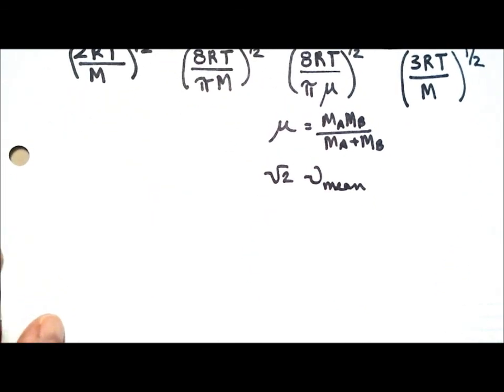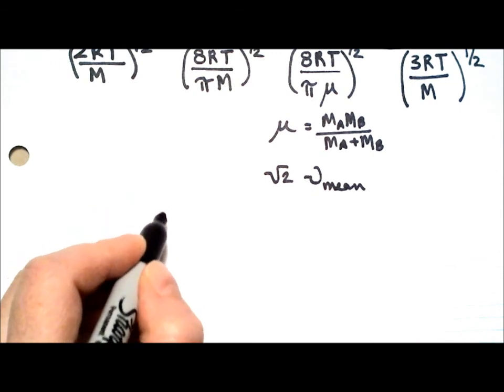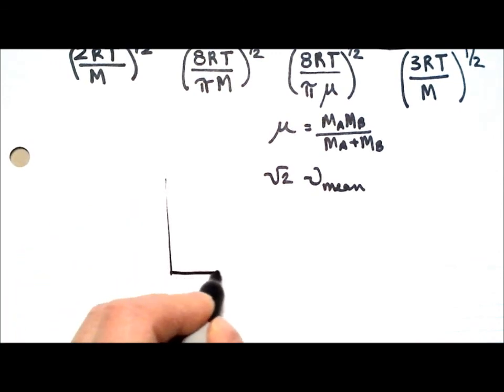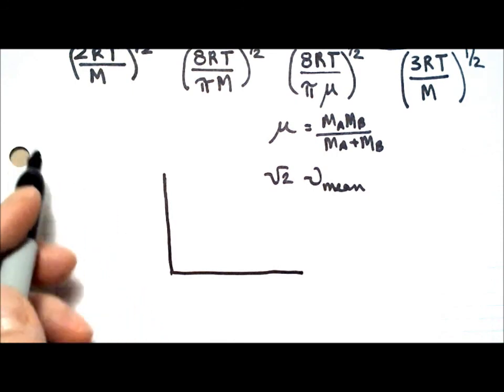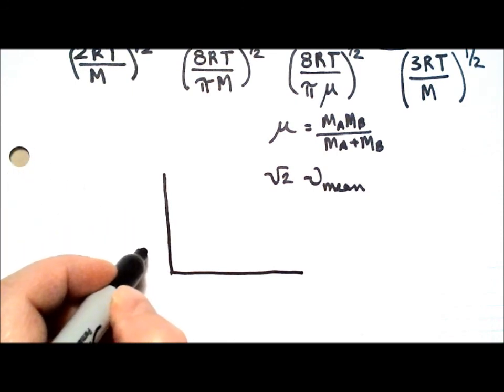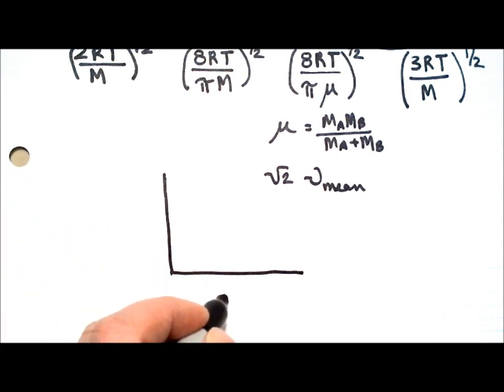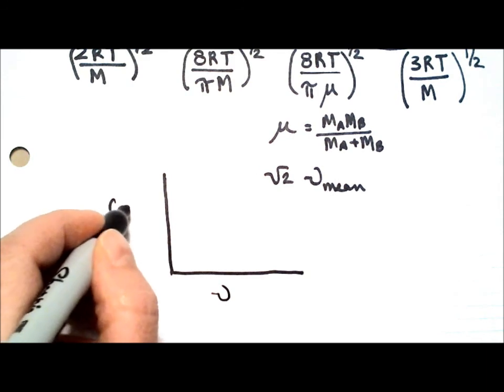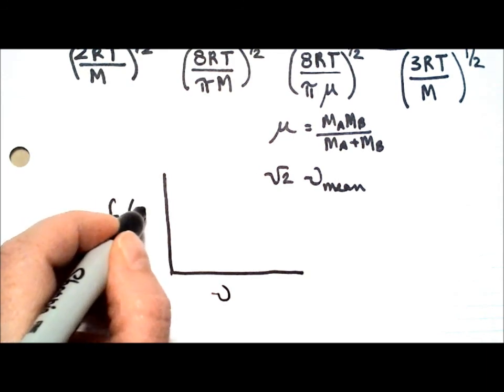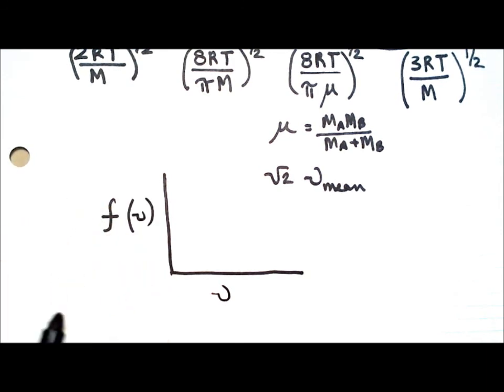And I'll just, as a final note on here, sketch for you what these benchmark speeds look like if we were to plot the speed and then the fraction of molecules at that particular speed.